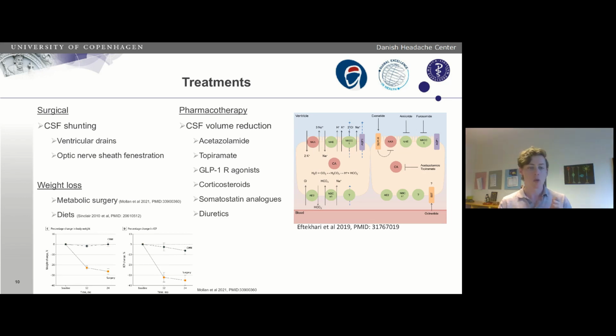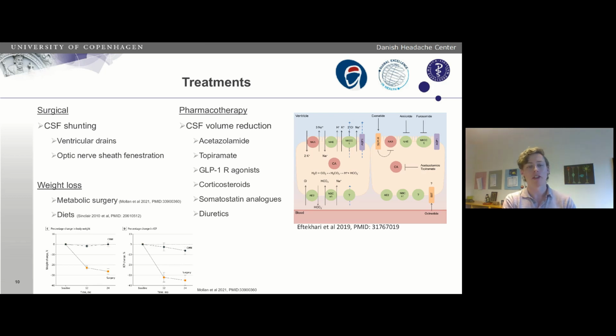We know that weight loss, either in the context of metabolic surgery or diet, is very efficacious in treating the disease, suggesting that adipose tissue is indeed important for the disease. However, diets are difficult to keep the weight off, and not every patient is suitable for metabolic surgery. Therefore, there are lots of pharmacotherapies on the market, which are most often used off-label to treat the disease.